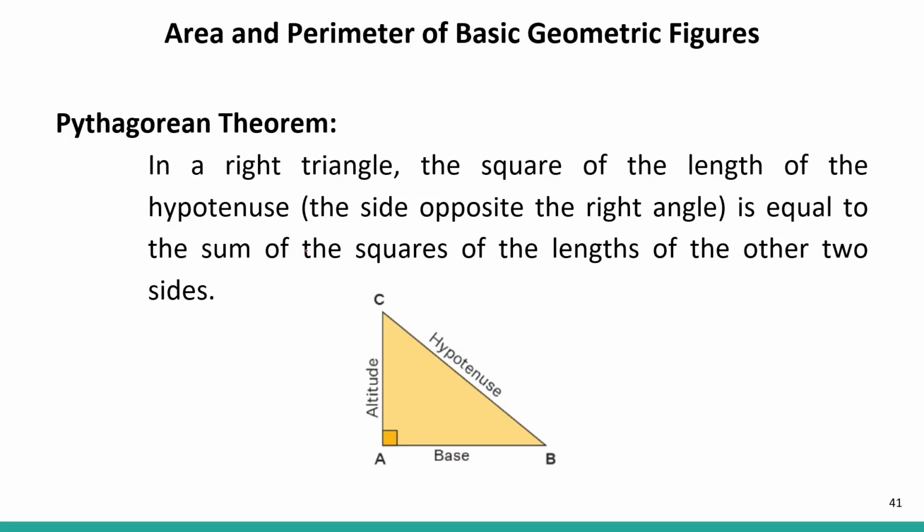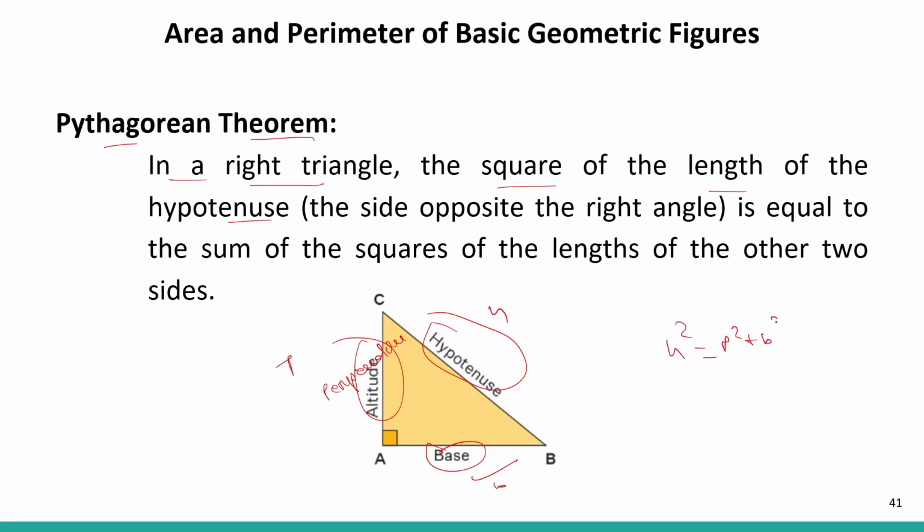Let's see what the Pythagorean theorem is. In a right angle triangle, here you have the hypotenuse, this is the altitude or perpendicular, and this is the base. Let them be denoted by h, p, and b. So h square is equal to p square plus b square, or h is equal to the square root of p square plus b square.